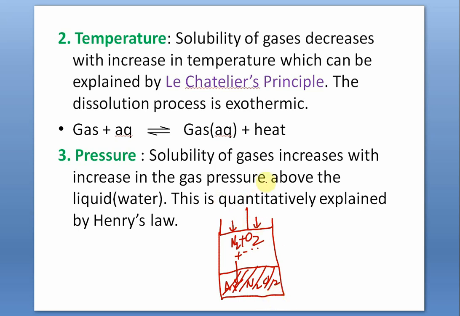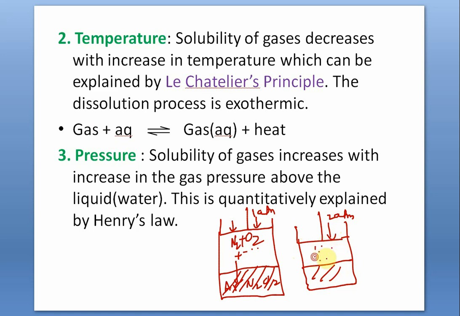So solubility of gases increases with increase in the gas pressure. Obviously, when you compress the gas more, so instead of 1 atm, you hold it in your hand and compress to 2 atmospheres, for example. You apply all your strength to increase the pressure to 2 atmospheres.